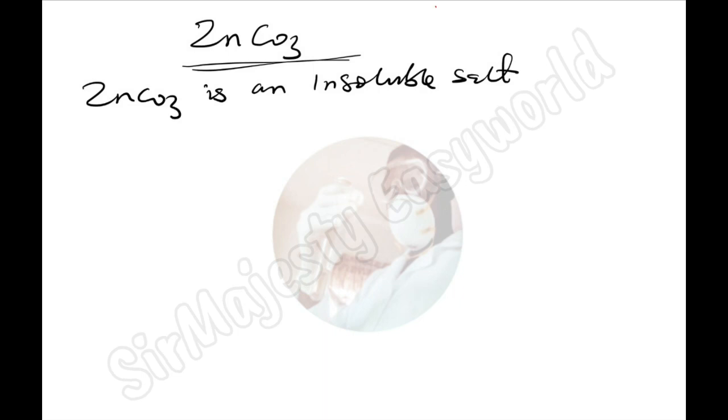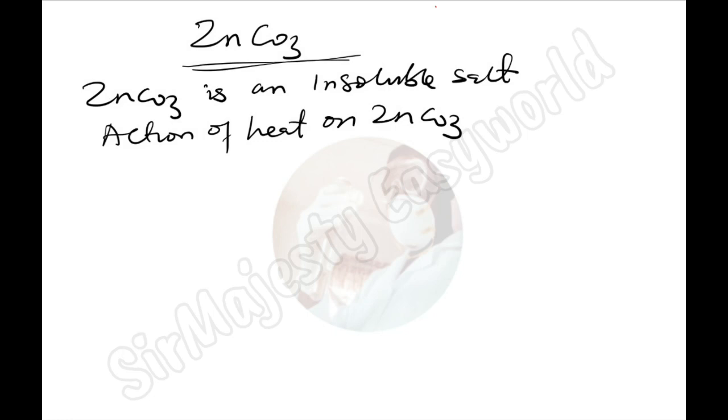First of all, the action of heat on zinc trioxocarbonate(IV). What will happen if you heat it? There will be a tendency of decomposition. You might not be required to write the equation, but I'm writing it so that you understand what you report in your salt analysis, to give you zinc oxide plus CO2.